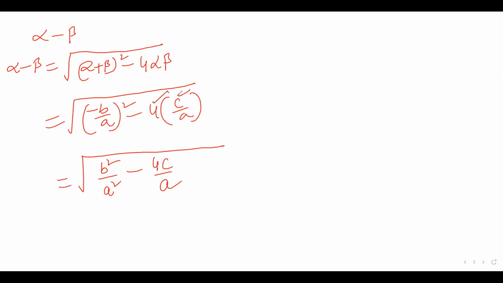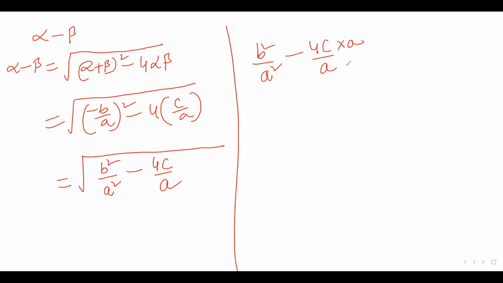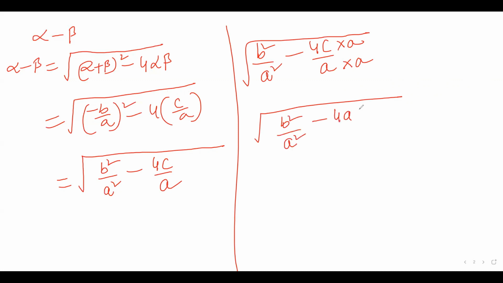Numerator into numerator, 4c by a. We can make the denominators equal by multiplying the second term with a. So you will be getting b square by a square, 4ac by a square.